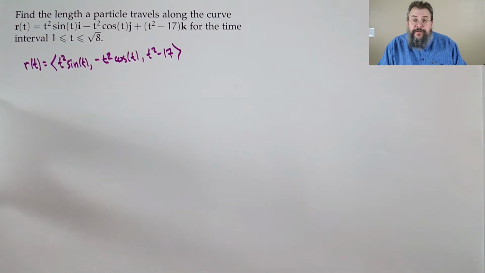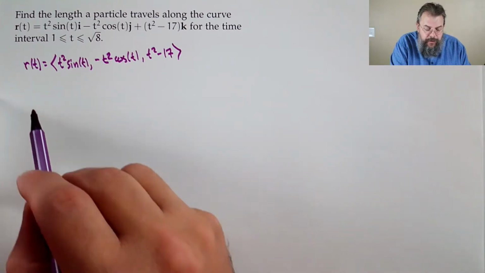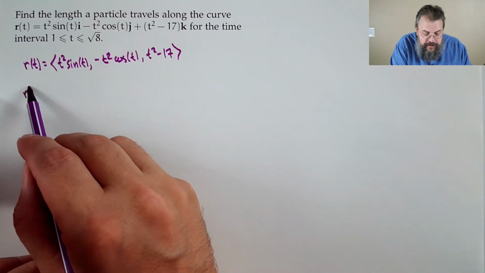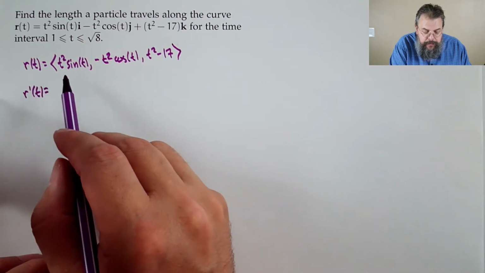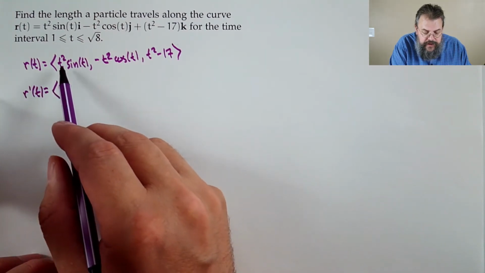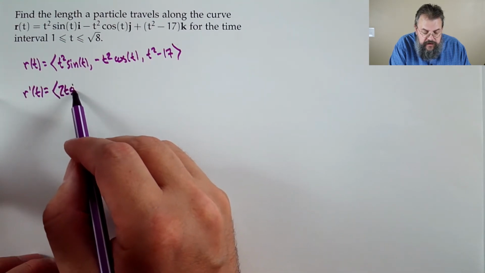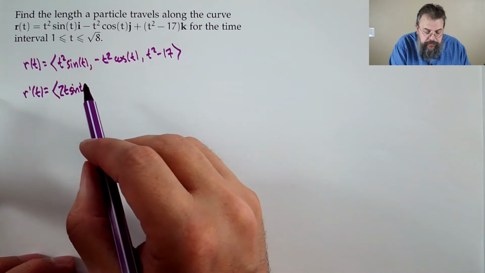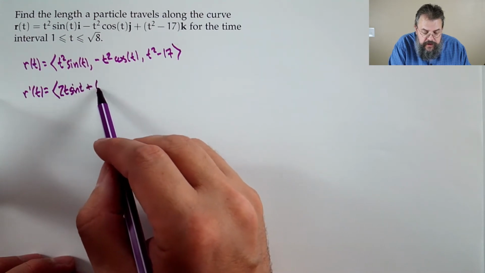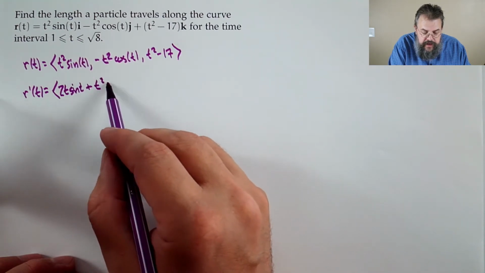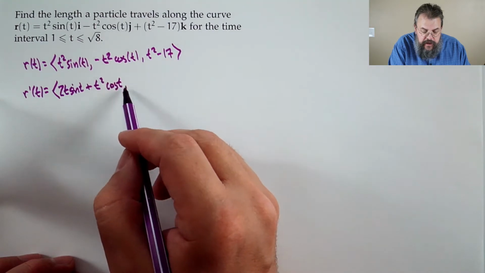Now, to begin, let's take r prime. So what is r prime? Well, product rule. Derivative of the first, derivative of t squared, 2t, times the second, sine t, plus the first, t squared, times the derivative of the second, cosine t, comma.